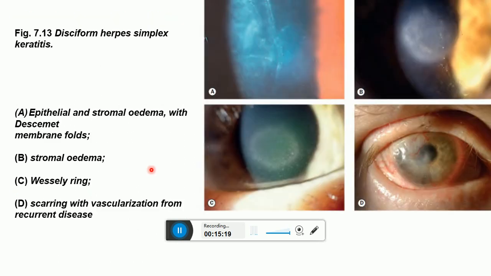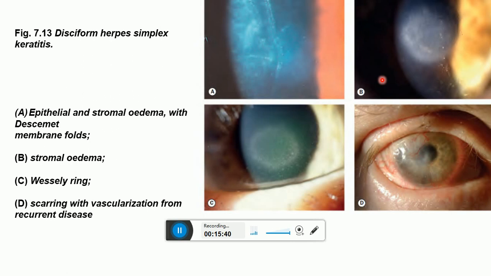Signs. There is a central zone of stromal edema with overlying epithelial edema. The lesion is occasionally eccentric. There are large granulomatous keratic precipitates underlying the edema.